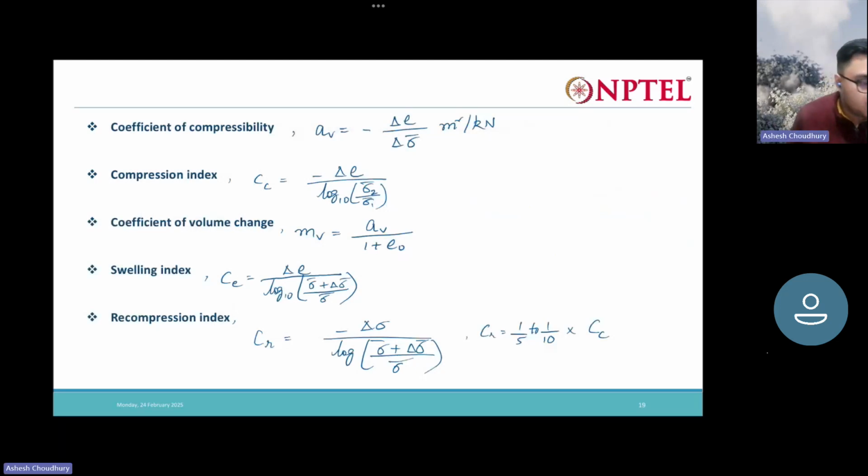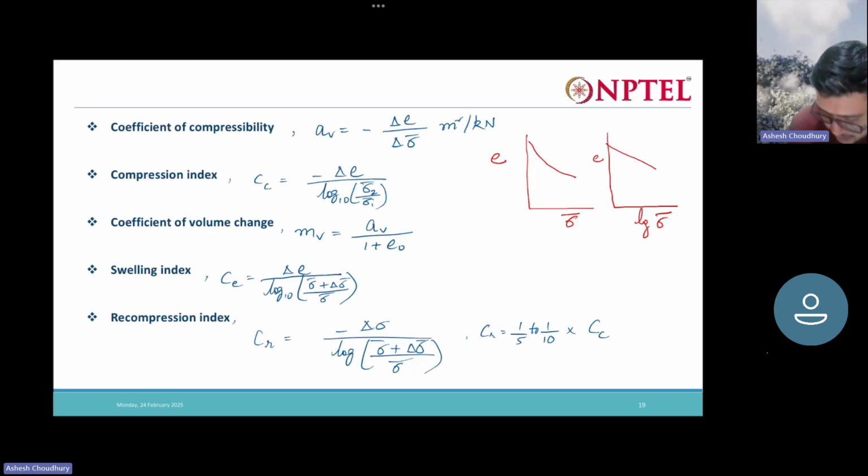I spoke about some parameters, right? So when you plot the void ratio E versus effective stress, and also void ratio versus log of effective stress, two types actually. Now for normally consolidated soil, the curve is going to be something like this.